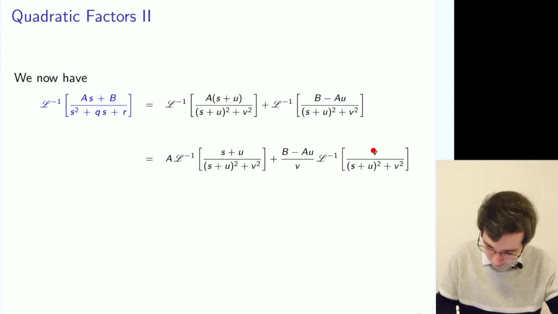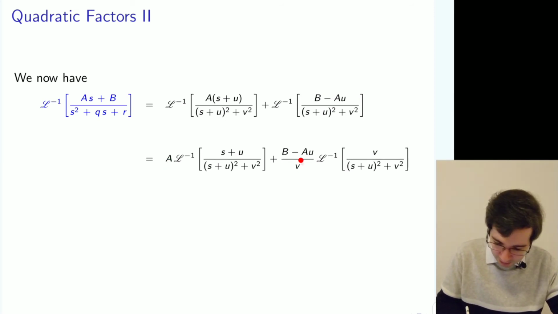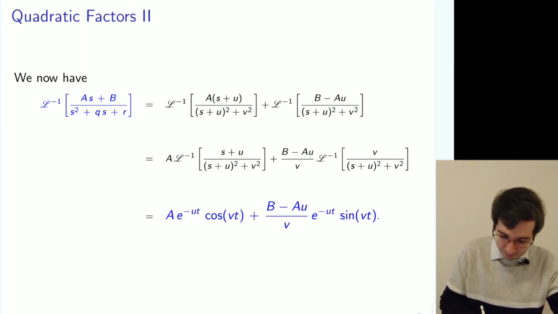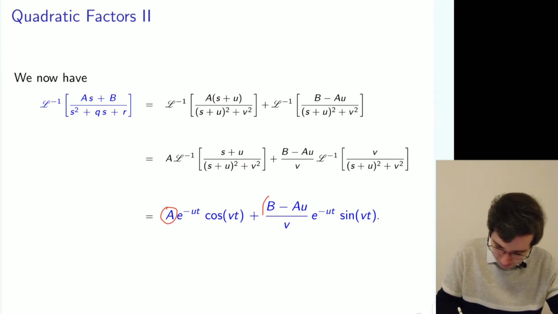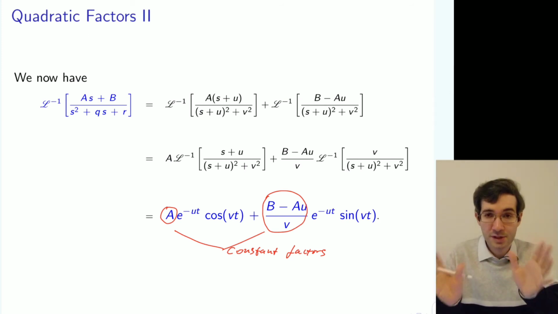We need to multiply by v and divide by v and get constant factors outside. So these are just constant factors, and then these are the table expressions.